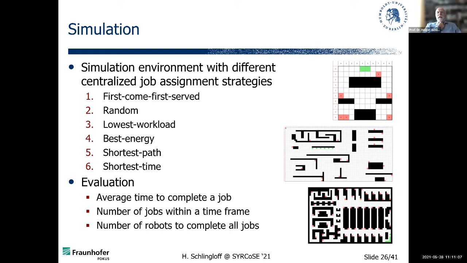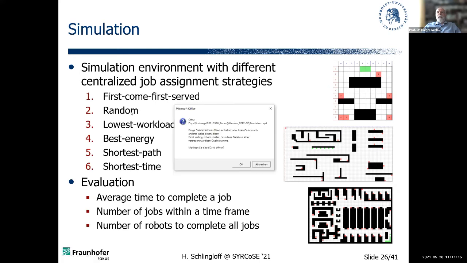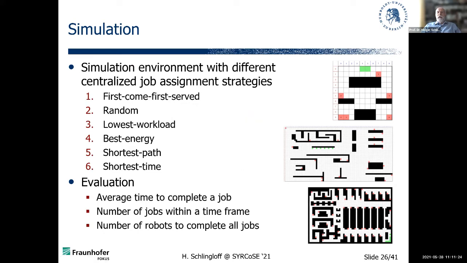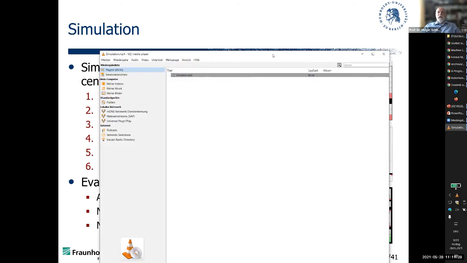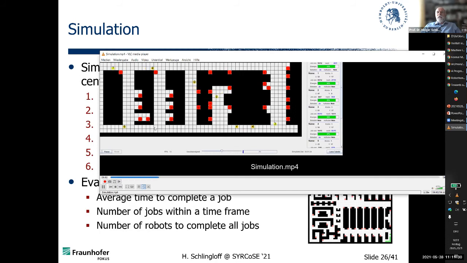Of course, one part is that we have a simulation, and we have various variants of these centralized job assessment strategies and also the decentralized ones. Then we made a simulation. Here you can see it, where the robots are in the factory floor.